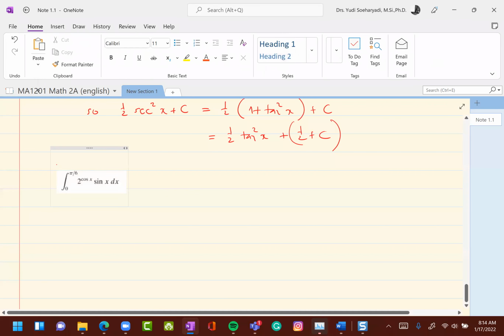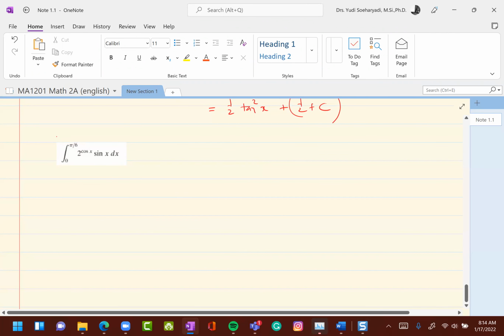The thing here is that this is the indefinite integral, so they're the same thing though. All right, so let's do this one.